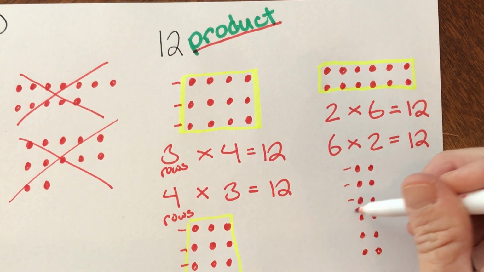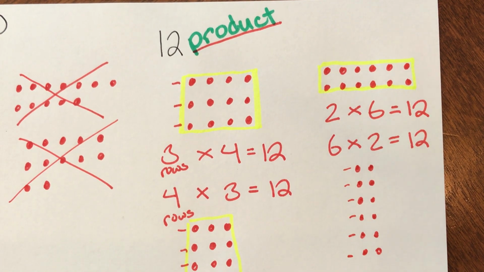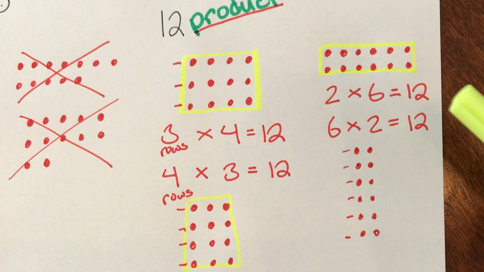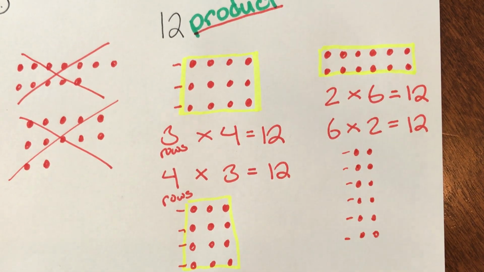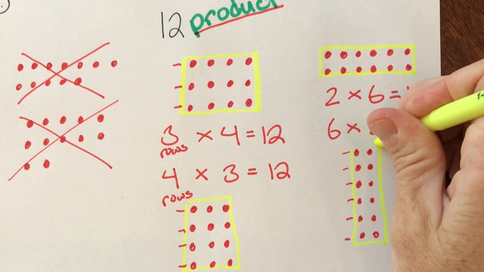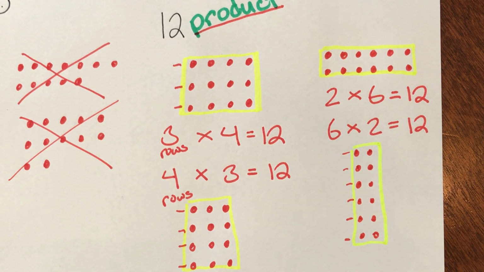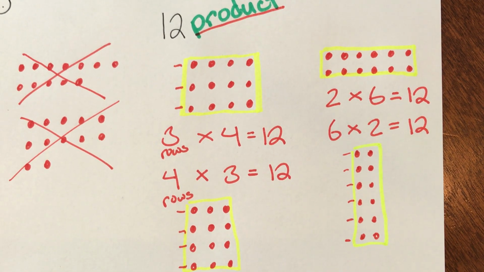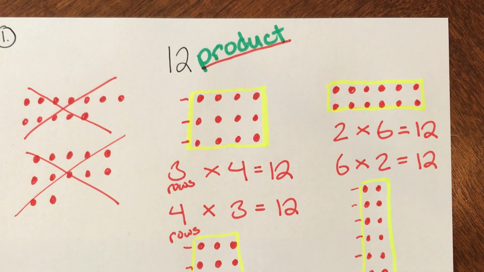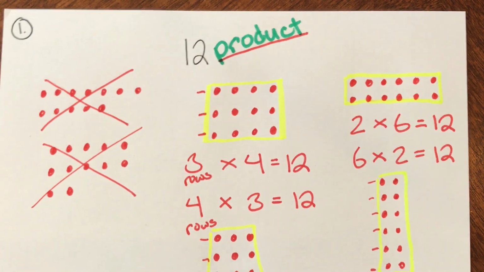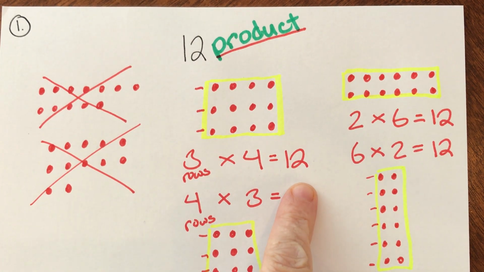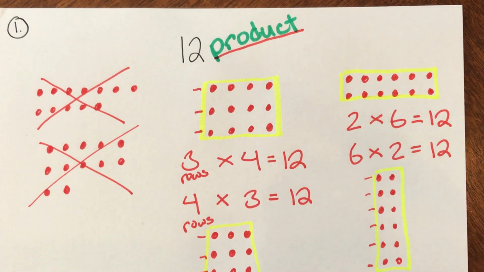So 1, 2, 3, 4, 5, 6 rows of 2 also equal 12. And that's a nice array. Okay, so that's going to be one type of problem that you're going to be seeing, friends, where you have to set it up and you have to come up with your equations and you have to use arrays that work.